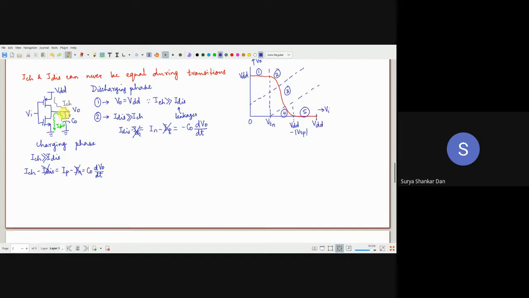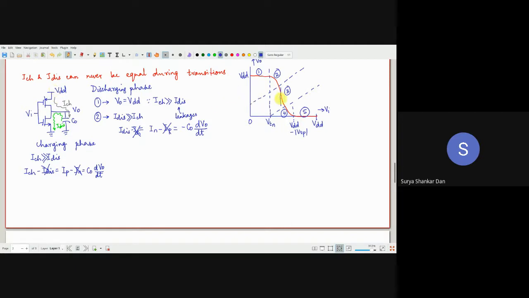Got it, everyone? Sir, during transition, one point will come when I discharge is equal to I charge, because after region 1, I discharge will be increasing. Exactly. That is the reason why the rate is decreasing, as you can see. For example, the slope of this line will be maximum at this point when both the transistors are in saturation, so both of them are pulling maximum current.